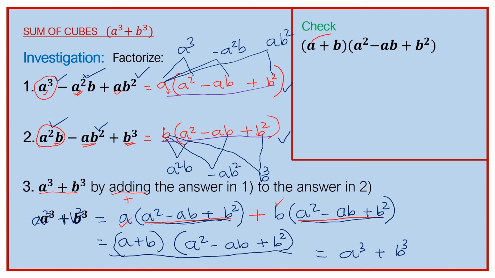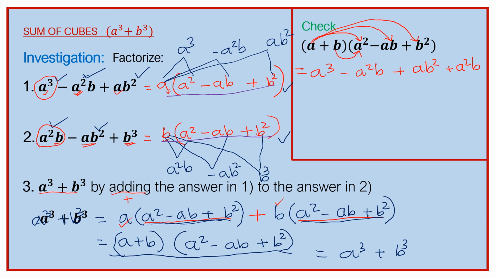If I get a times a squared, I'll come up with a cubed. If I get a times minus ab, I will get minus a squared b. And if I get a times b squared, I will get ab squared. Okay? And now I get b times a squared. That one will give me a squared b.